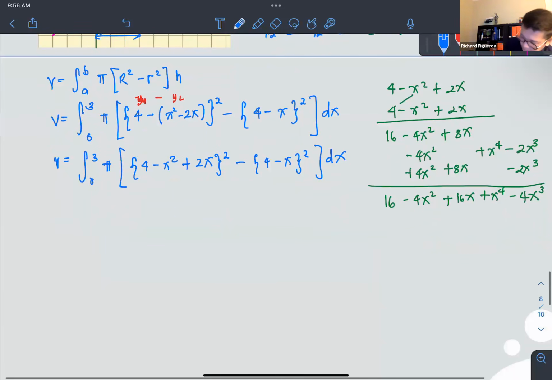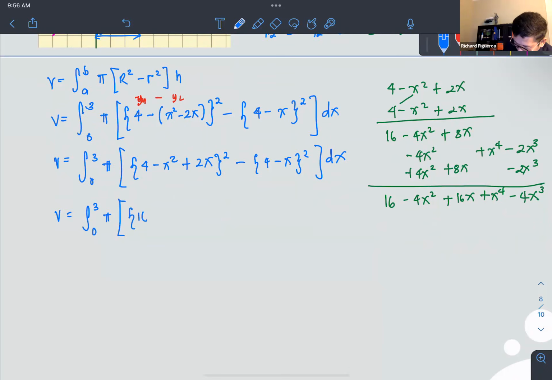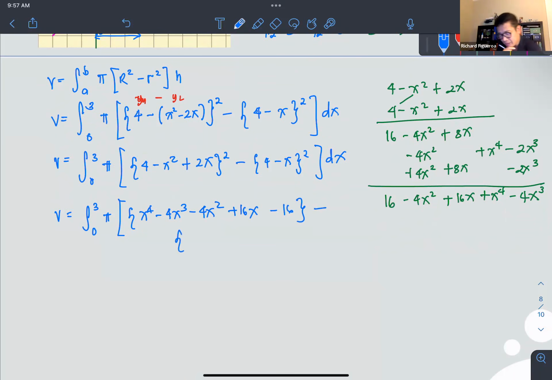So we substitute that here. So v would be from 0 to 3 pi, and then I'll start with x to the 4th, and then minus 4x cubed, and then minus 4x squared plus 16x minus 16. And minus, so expand 4 minus x raised to 2.